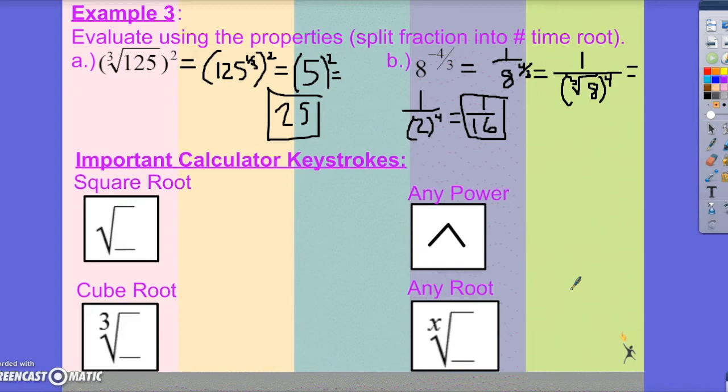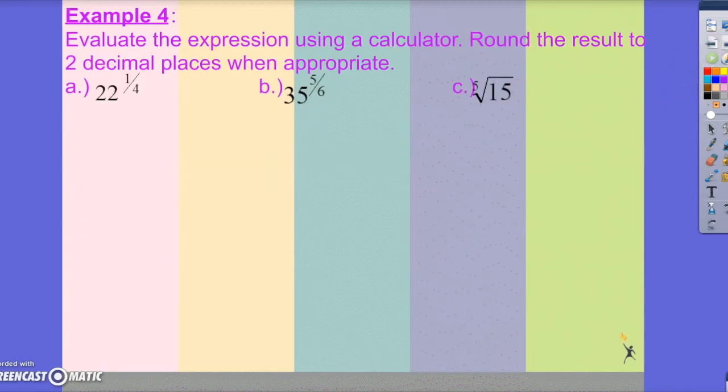So it's very, very important. Every calculator is different. So make sure you bring one in tomorrow that you can solve these as well. So yes, there are problems where I want you to evaluate the expression and round. It says evaluate the expression using a calculator, round the result to 2 decimal places when appropriate. All right, so even on your next quiz or test, you're going to do some by hand, showing all the work, and you're going to do some using a calculator.